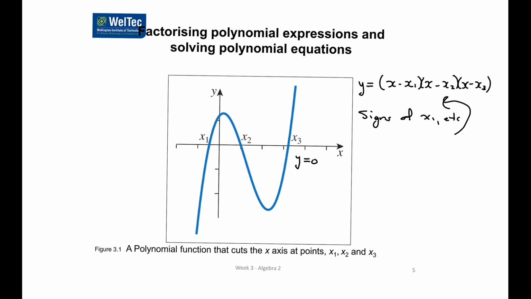Another thing you need to check is your y-intercept. Does it work from what you've got in here? And sometimes it means that you need to put some number in here to adjust to make your y-intercept correct. And remember, the y-intercept is where x equals 0.